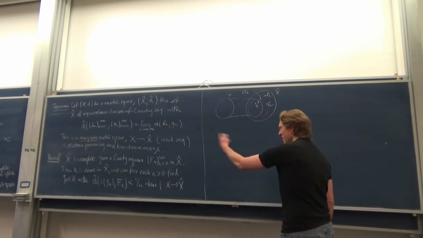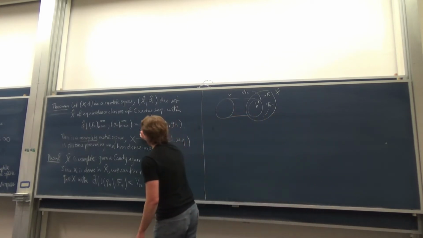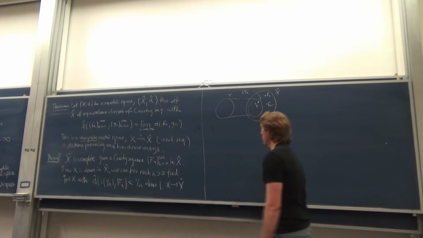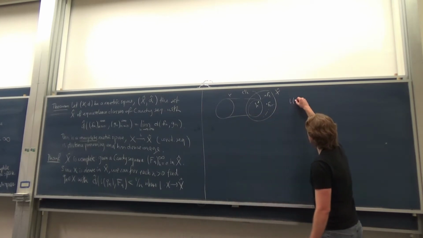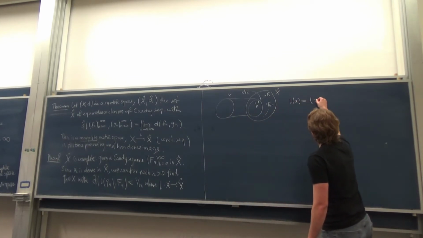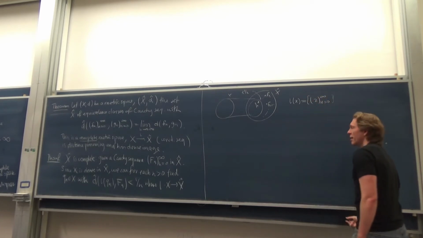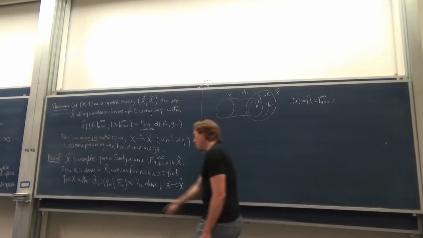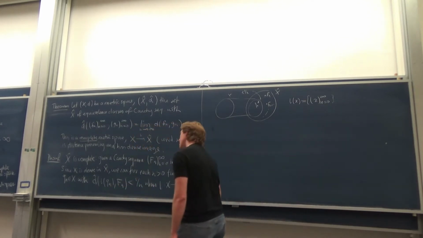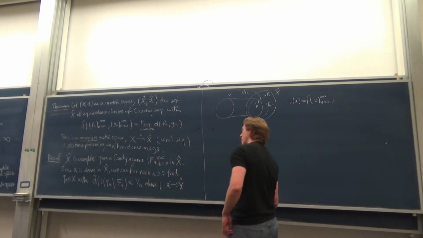So I need some notation for this canonical map, because otherwise it becomes even more confusing. So let's call it iota. So iota takes an element of X and spits out the constant sequence, or rather its equivalence class, in X hat. All right, so this is my approximating element, Qn. Yes, Qn is in X.